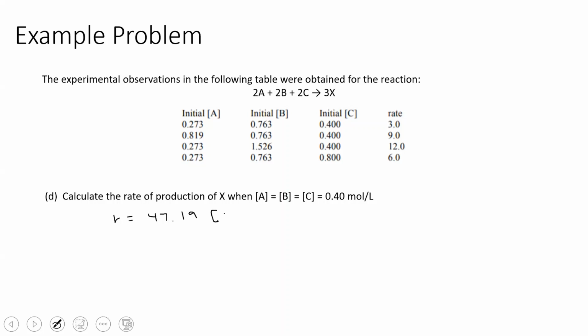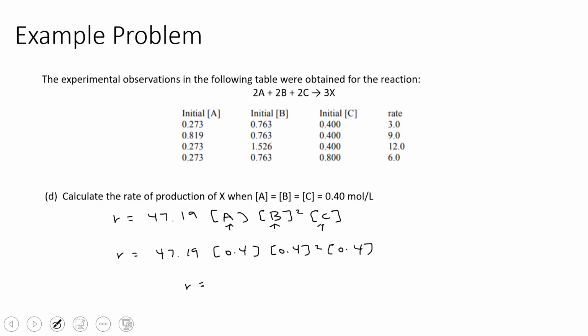And then we're going to do concentration of A, concentration of B squared, concentration of C. Now we want to know what R is if we put 0.4 in for each of these. So the rate will equal 47.19 times 0.4 times 0.4 squared times 0.4. So that's 0.4 to the fourth power times 47.19. If you plug that into your calculator, you'd get a rate of roughly 1.208.